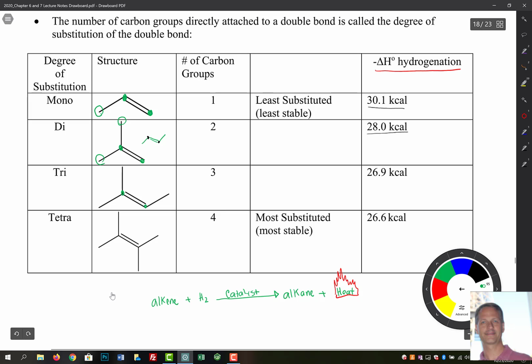Here's our carbon-carbon double bond, and you have 1, 2, 3 carbons sticking off of our carbon-carbon double bond. This takes you to 26.9, and then tetrasubstituted is the most substituted that we can get with 1, 2, 3, 4 different carbon groups attached to our carbon-carbon double bond. So most stable at 26.6 kcals per mole.